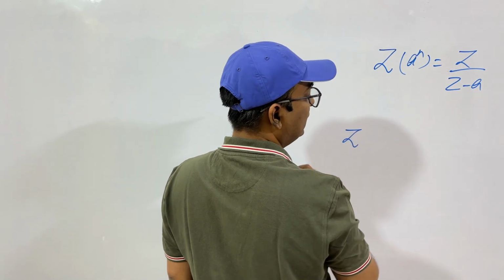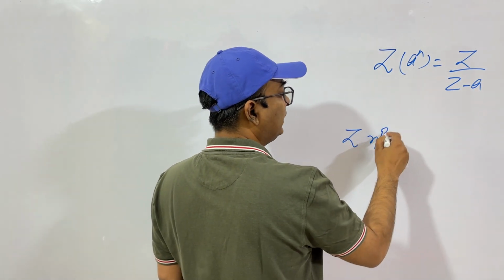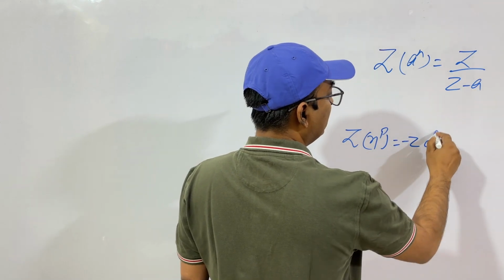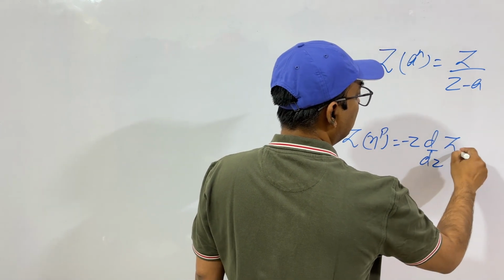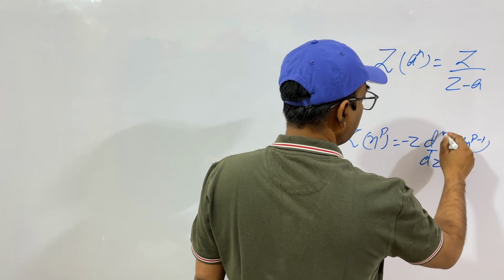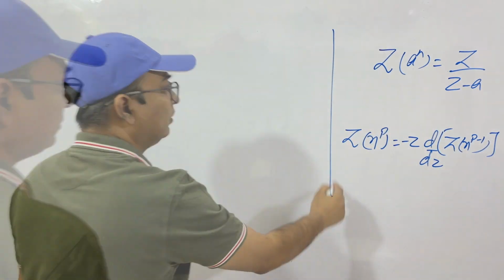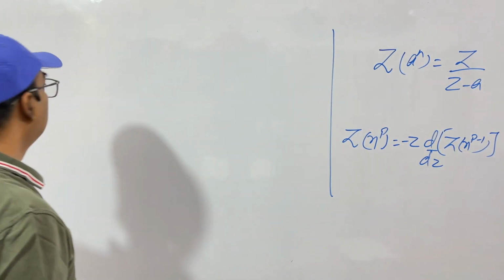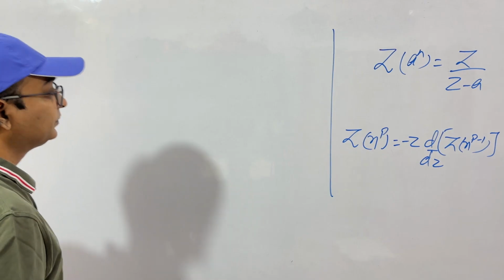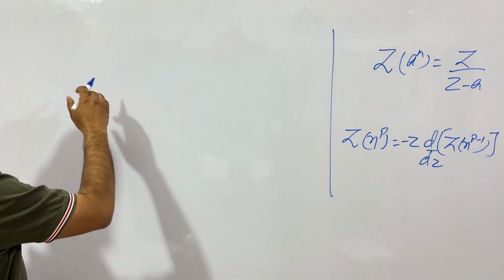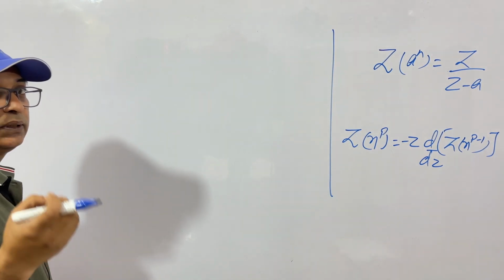Secondly, we know Z of n to the power p is minus z d by dz of Z of n to the power p minus 1. This we have deduced in our last section. Now let's see, using this we'll find some other results that are also used as standard results.